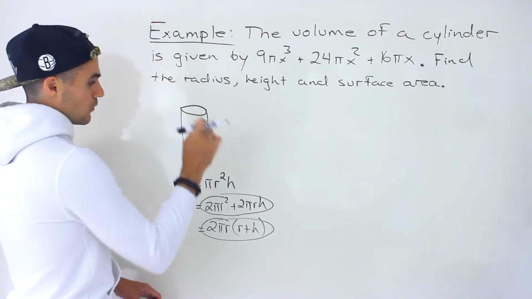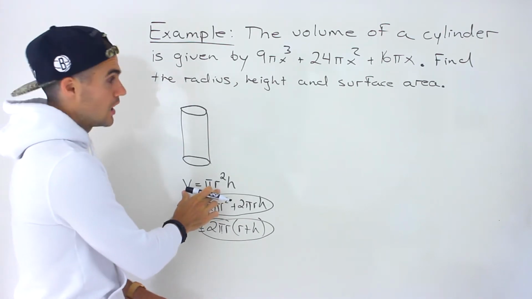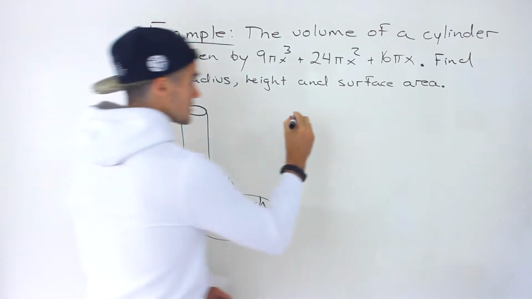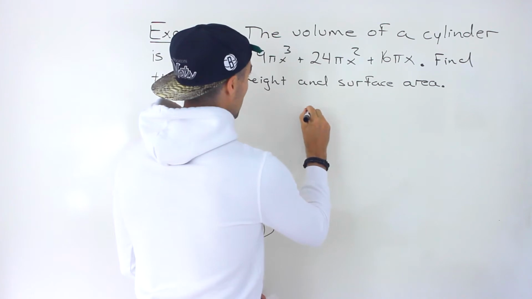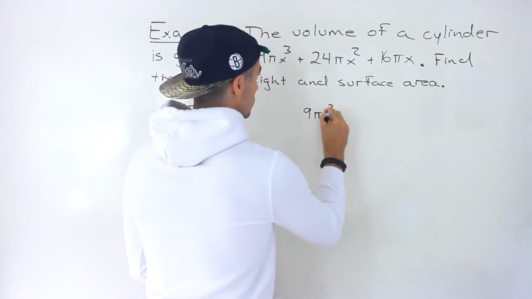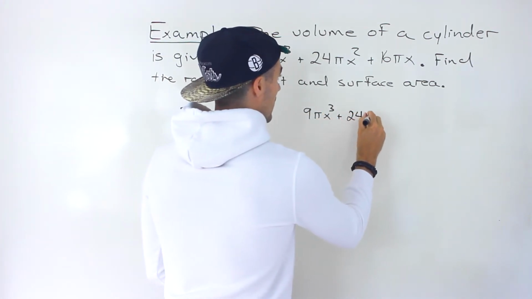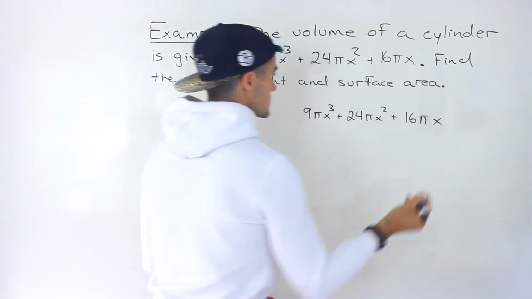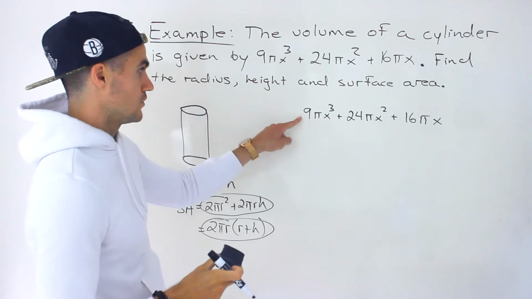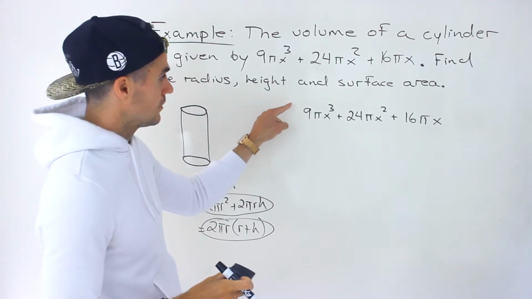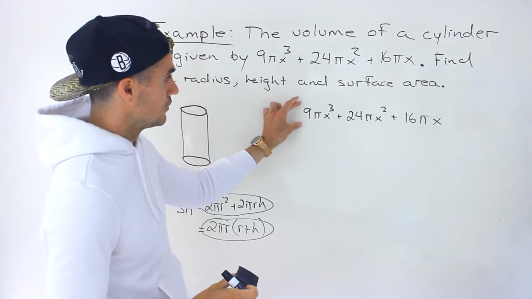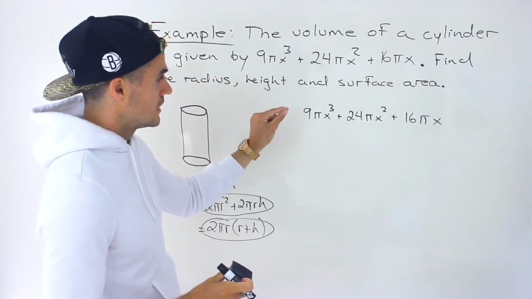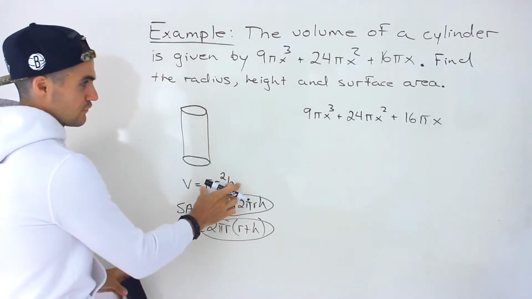So notice how we're given the volume of the cylinder. If we write that, we got 9 pi x cubed plus 24 pi x squared plus 16 pi x. So we have the volume given by this expression, but notice it's not in this format.